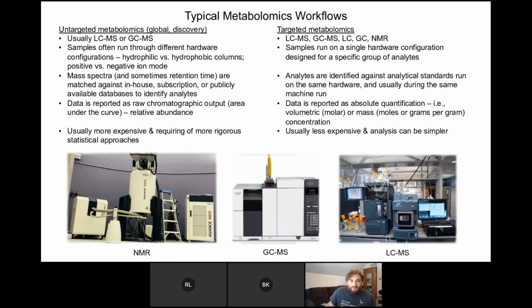I'll go through a few differences between these. Generally, untargeted metabolomics approaches use liquid or gas chromatography coupled to mass spectrometry as a detector. And targeted metabolomics can also employ these hardware configurations, but can also use traditional liquid chromatography, gas chromatography, or NMR.